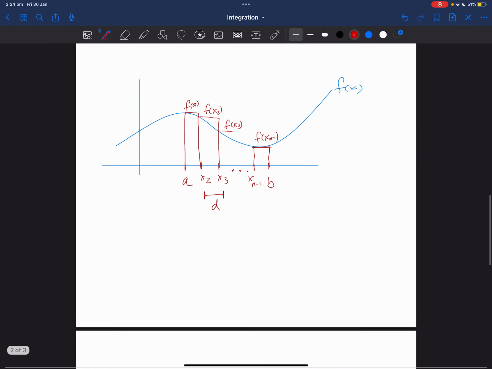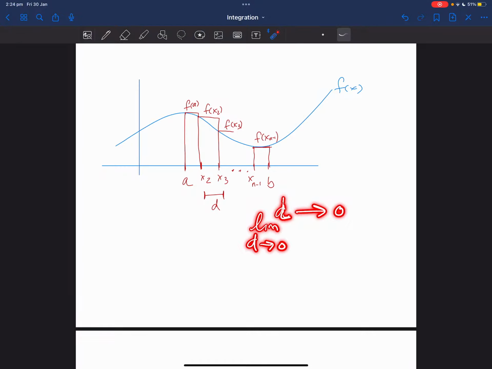Cool. And so this looks like a very inaccurate area estimation, but you can imagine as I shrink d and cut up into more and more slices of rectangles, this will become a really, really accurate representation of this area. In fact, if I send d to 0, if I consider the limit as d goes to 0, this will actually approach the real area. And so what I can say is the area approximately equals the area of these rectangles.